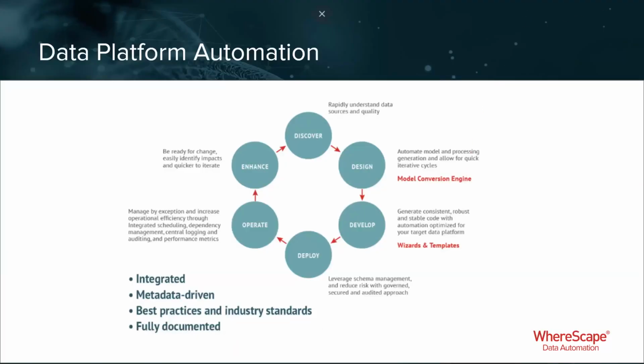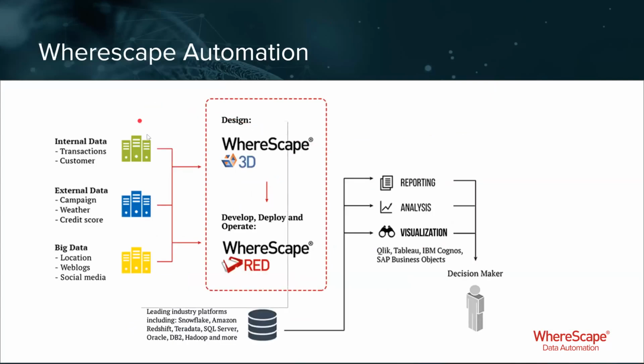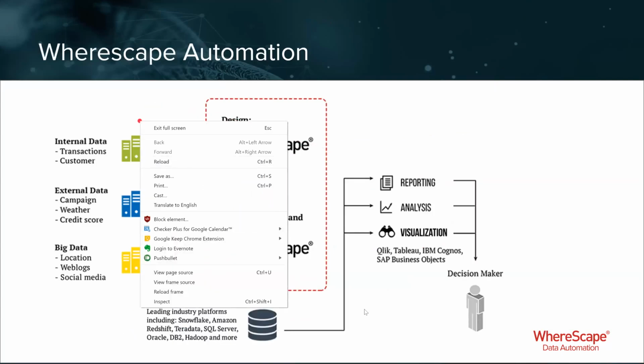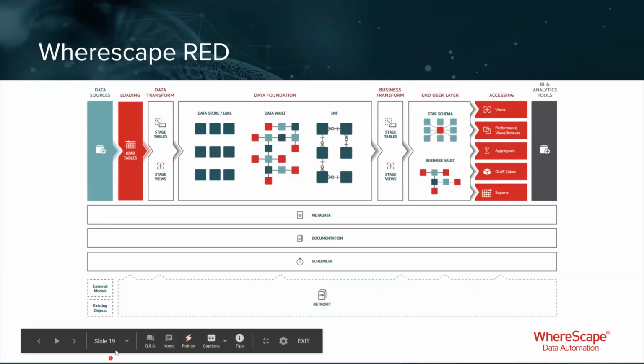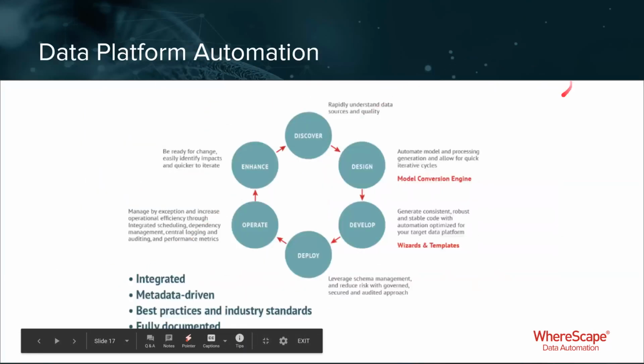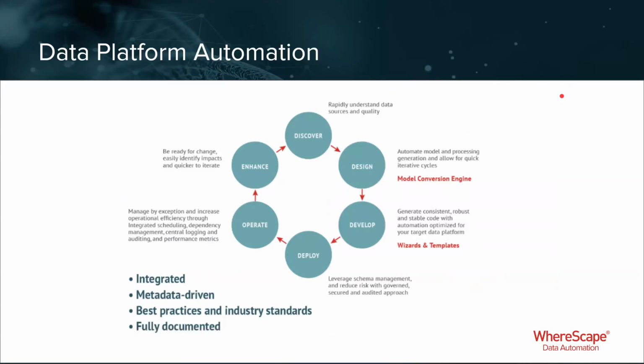So let's talk about data platform automation. Basically, you go from discovery, understanding the data sources and quality, to design, which is automated modeling and processing generation, to develop, generating consistent, robust, and stable code with automation, optimized for whatever your target data platform is.